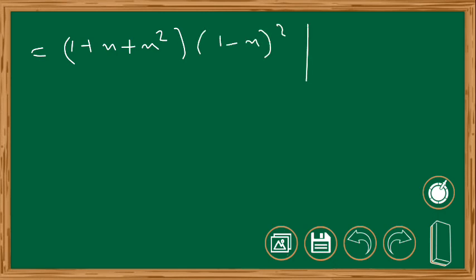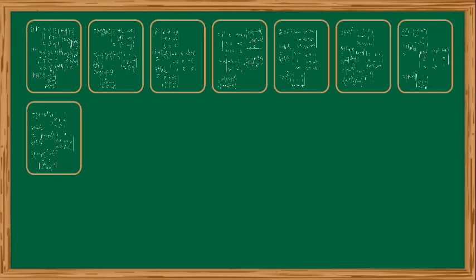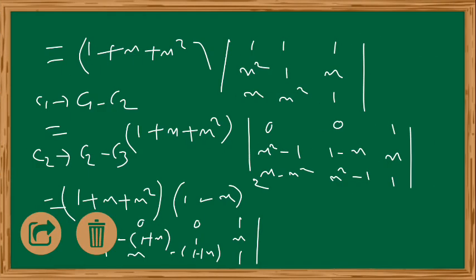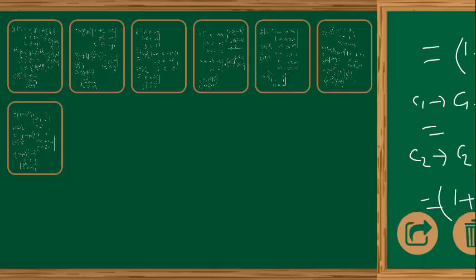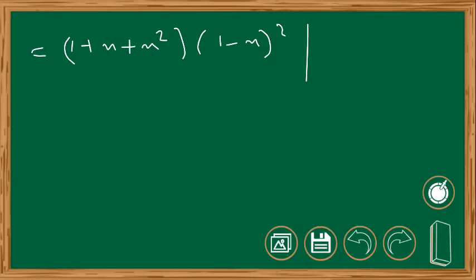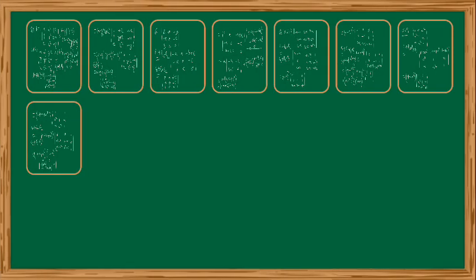Now erase. What I'll have is 1 plus x square, then 1 minus x whole square. Then let us see this one. What is left now? Minus 1 plus x, 1, x and minus 1 plus x. Let me see it once again to confirm.